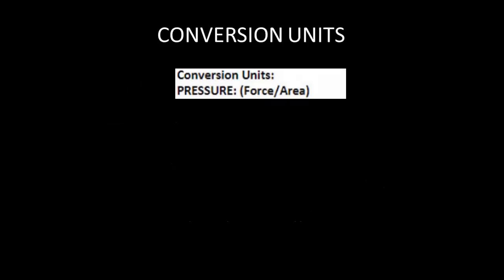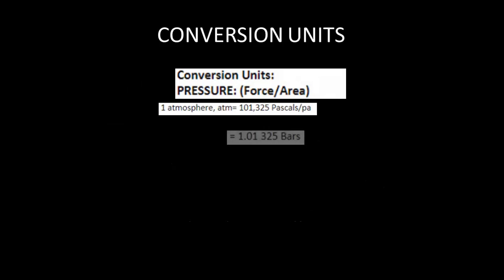The first one is for pressure. If we're going to define pressure, it is the force exerted per unit area. Now, an atmospheric pressure or atm is equal to 101,325 pascals or Pa.